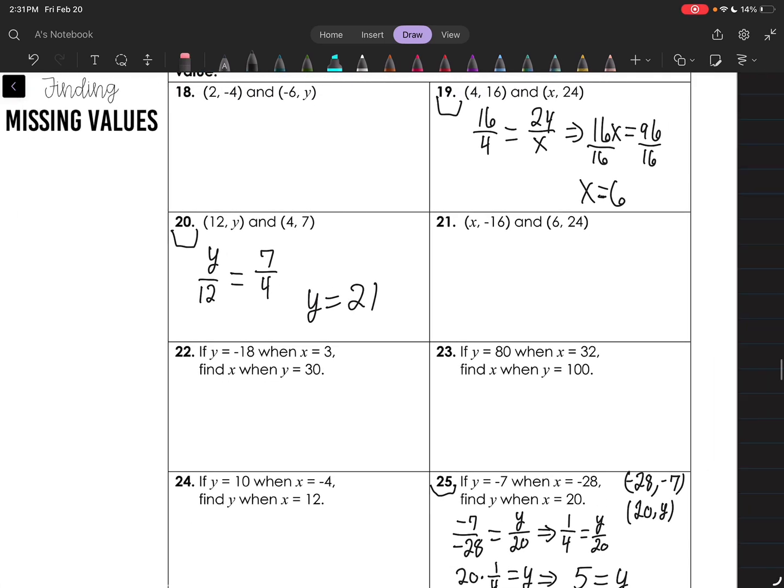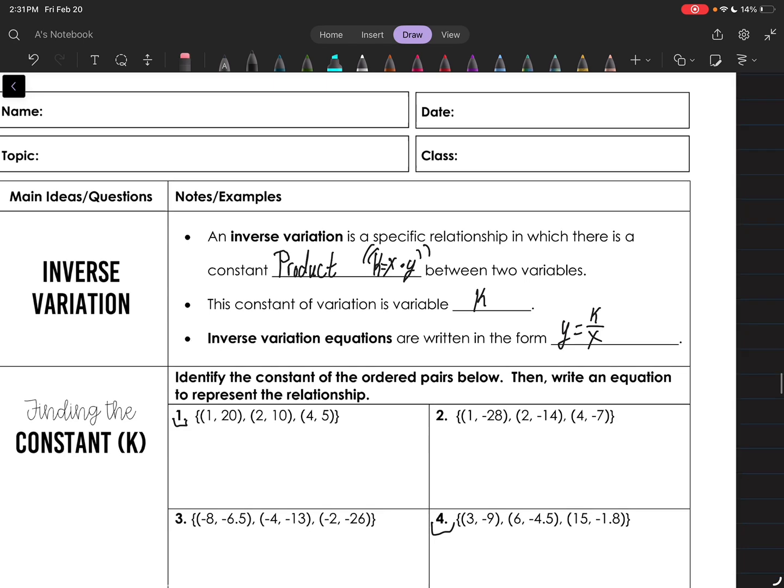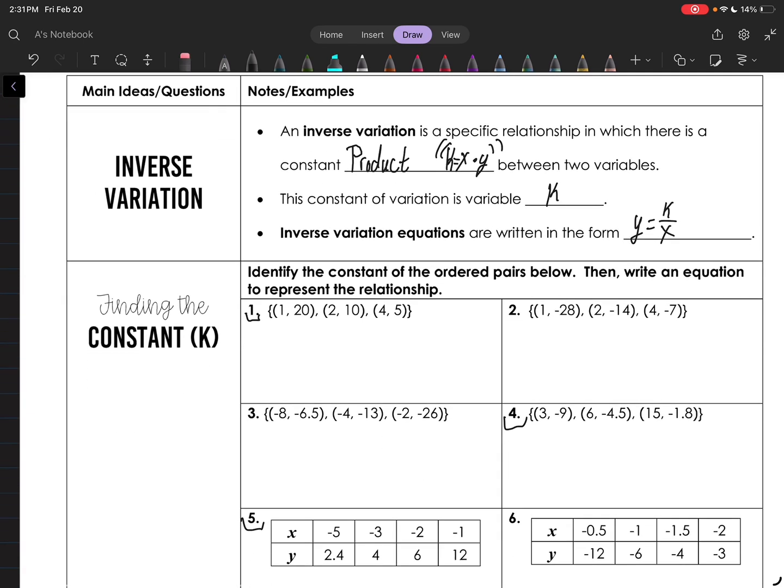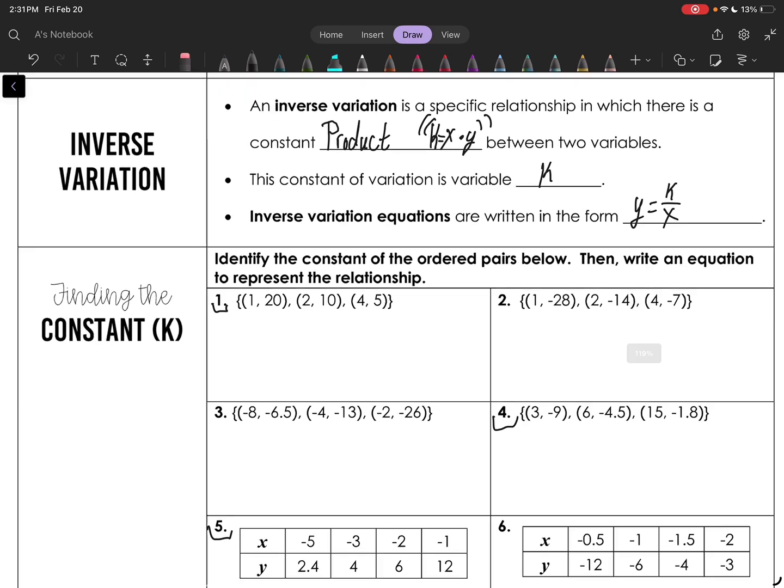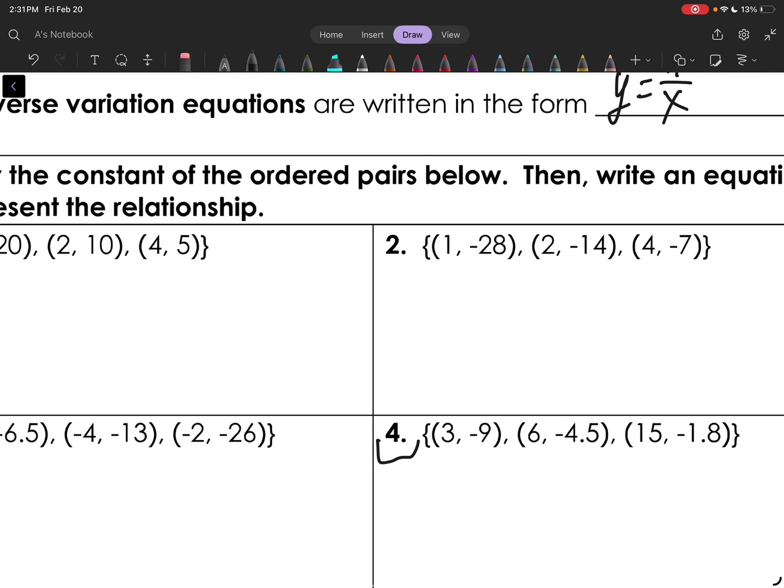Try those remaining problems, and let's move on to inverse variation. Inverse variation is when instead of having a ratio, y over x, we have a constant product of x times y, such that the equation is y is equal to the k value divided by x. So identify the constant in the ordered pairs below.